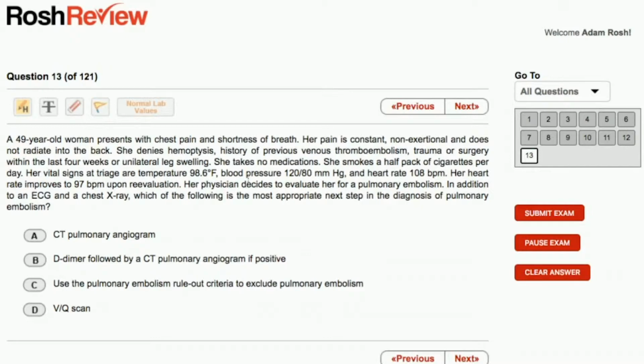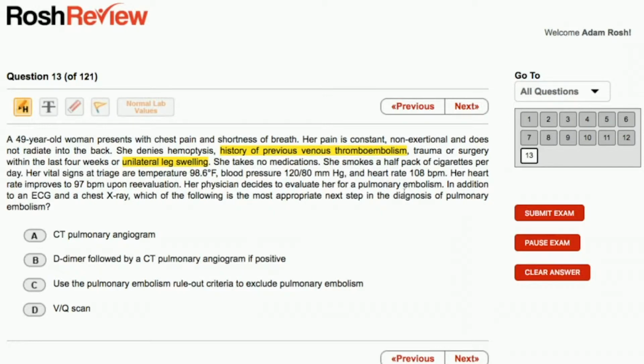What's really interesting about this question is if we look at the history, we're given essentially all of the risk factors for thrombosis, DVT, or PE. We have no history of thromboembolism. There's no trauma, no surgery within the last 4 weeks, and no unilateral leg swelling. So even before we got to the lead-in, I knew this question had to do something with thrombosis or pulmonary thromboembolism. And sure enough, it is.